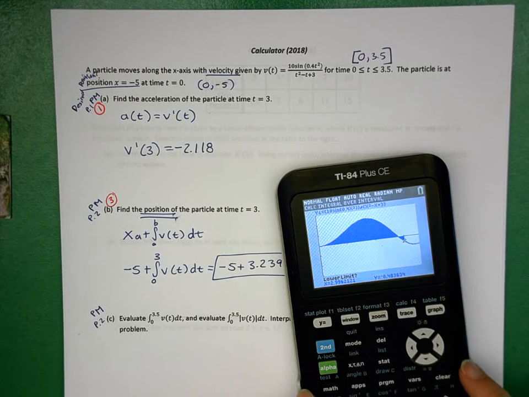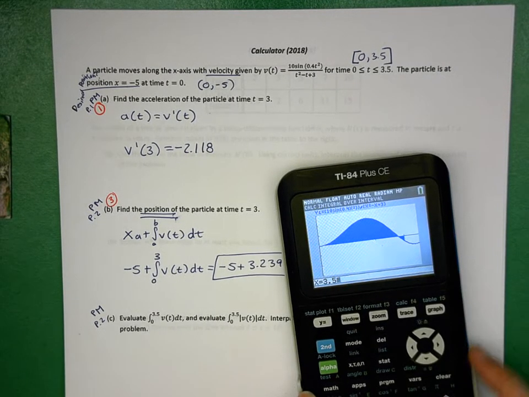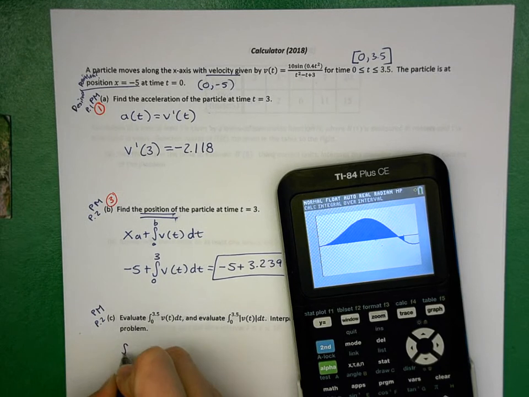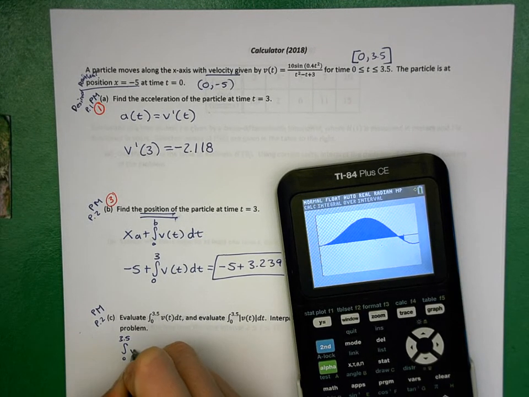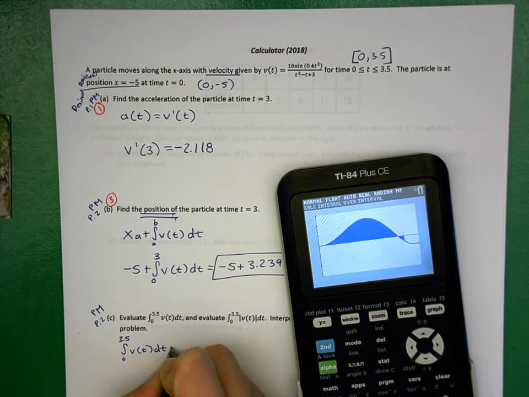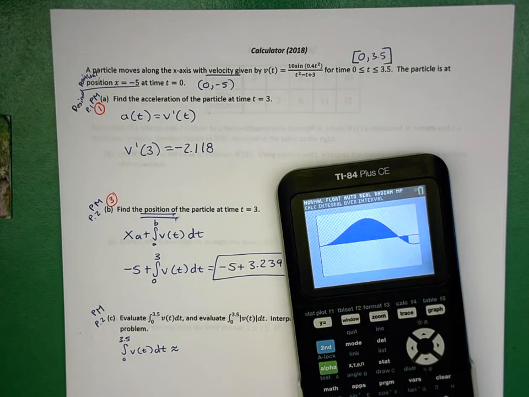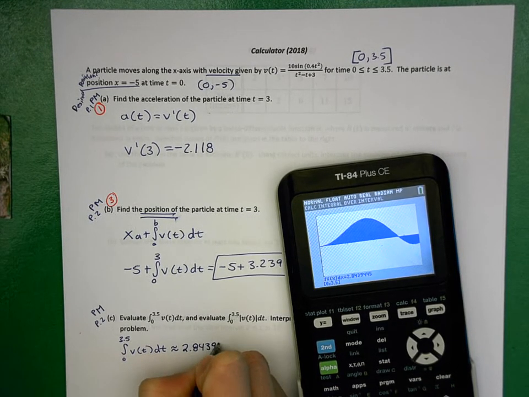So 0 to 3.5. It's working. There we go. Which is about 2.8439445.